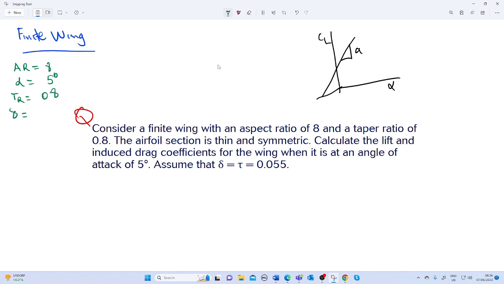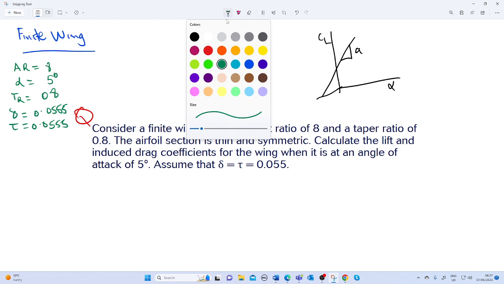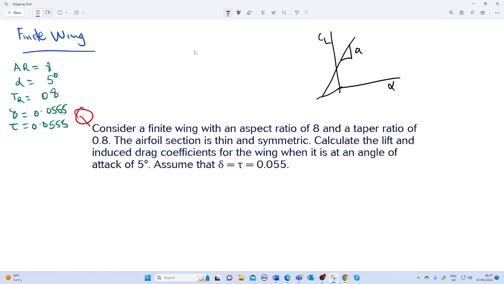We have the delta to be 0.0555. We have the tau also to be 0.0555. Don't let us forget that the CL over alpha equals A0, which equals 2 pi.